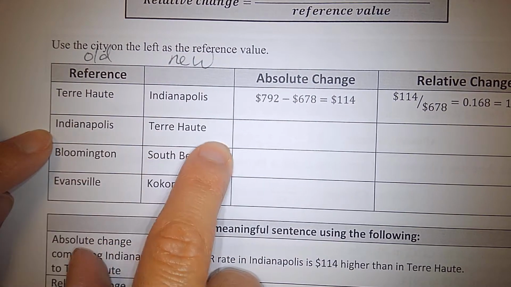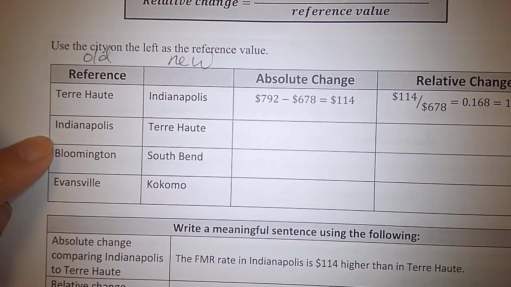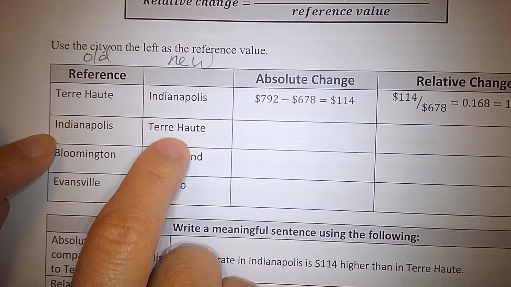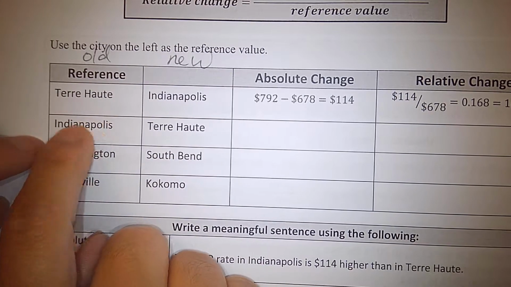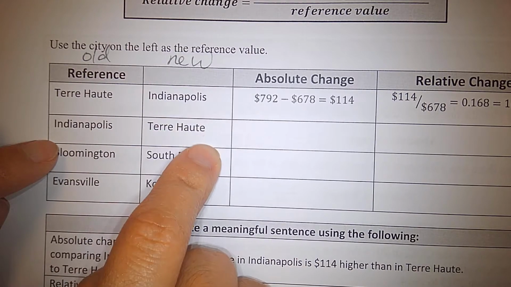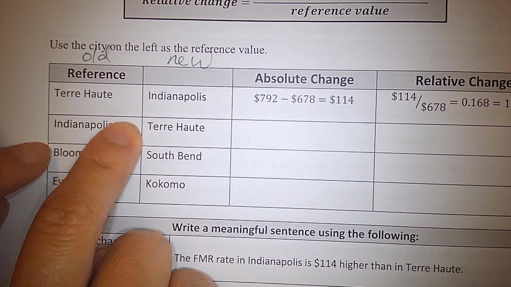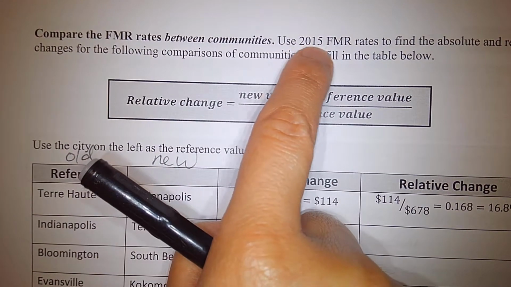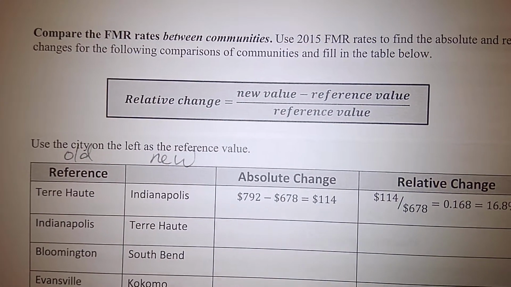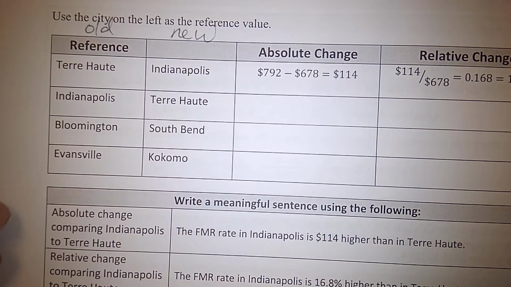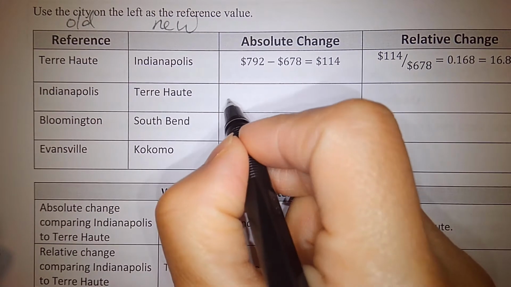Let's do one line by ourselves. Absolute change, compare Terre Haute to Indianapolis. Terre Haute is the new value, Indianapolis is the old value, and check the 2015 result from the previous page. What is the value for Terre Haute in 2015?